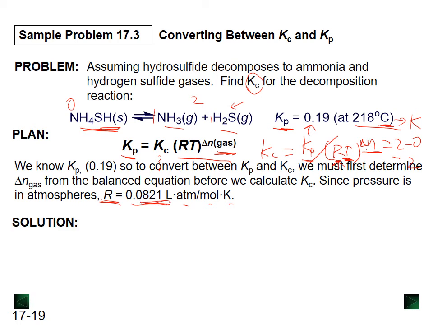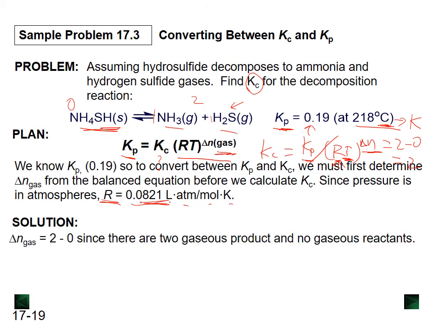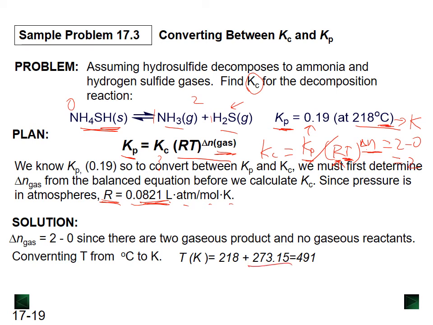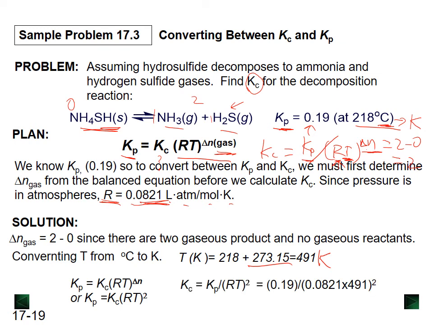So first we calculate delta N, then we convert temperature from Celsius to Kelvin by adding 273.15. Now Kc should be Kp divided by RT to the delta N, which is the second power, and that gives you 1.2 times 10 to the minus 4.